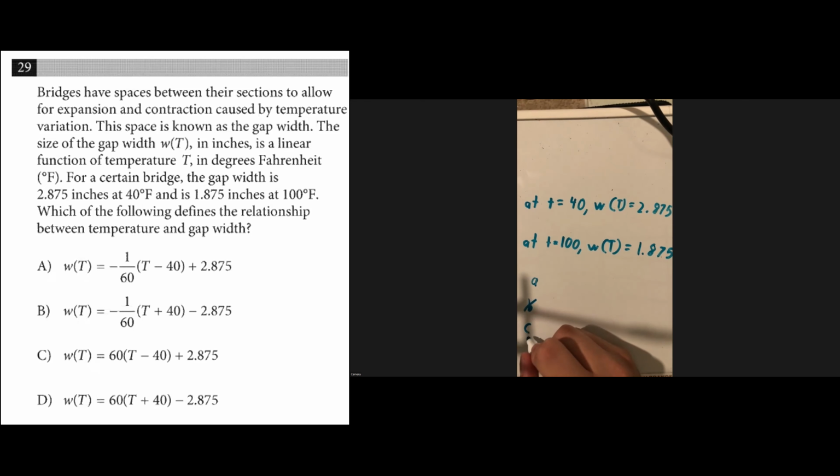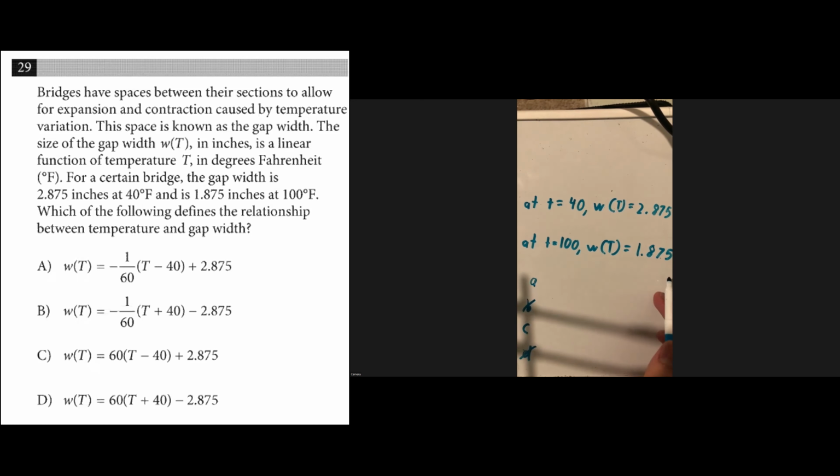For answer choice C, when we plug in 40, it could work. And for answer choice D, when we plug in 40, it could not work, because for it to be equal to 2.875, the first term has to cancel out.